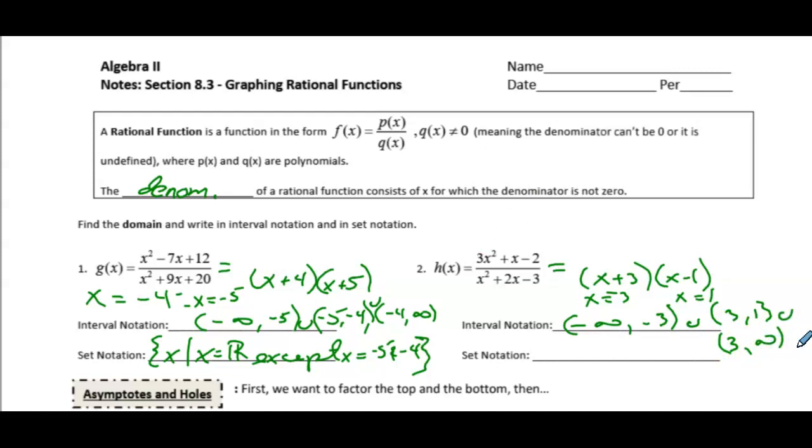And that would be your domain. In set notation, fancy bracket, x bar, x is in the real numbers, everything except what is going to make the denominator equal to 0, which is -3 and 1. Then you close it with your bracket.